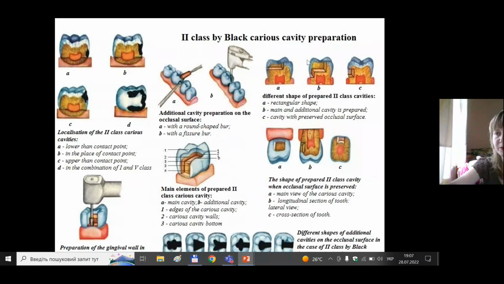Peculiarities of second-class preparation. Here it goes about localization of the caries cavity. If the caries cavity is localized above the equator, we give it a rectangular shape. If it is localized below the equator, it is given the shape of stairs.